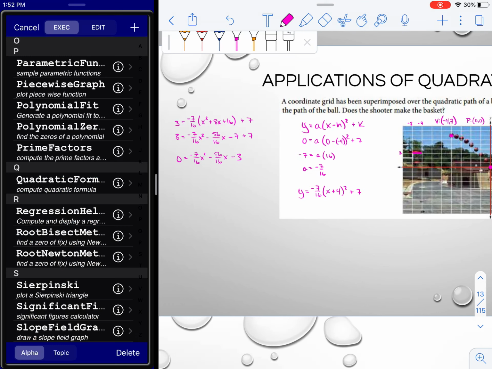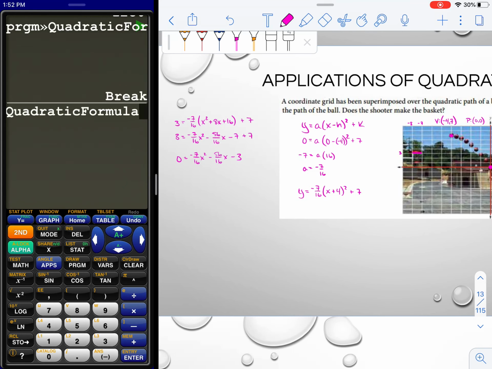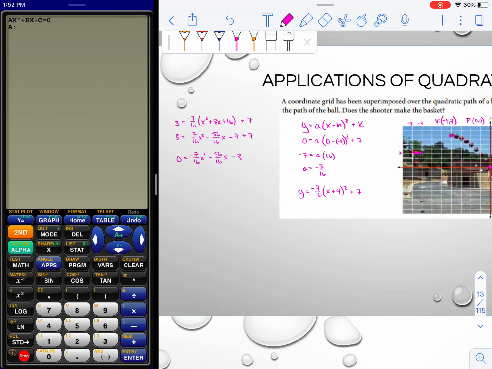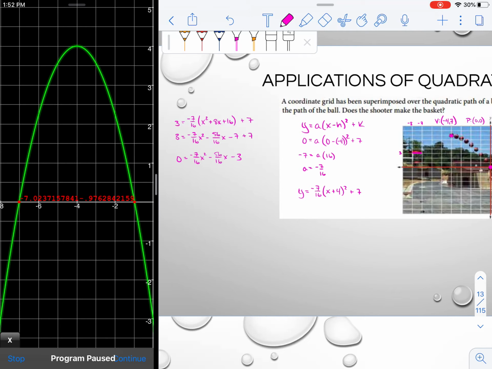So let's go back and run my quadratic formula program a second time here. A is going to be -7/16, B is -56/16, and C is -3.